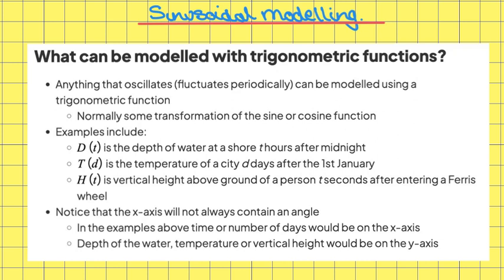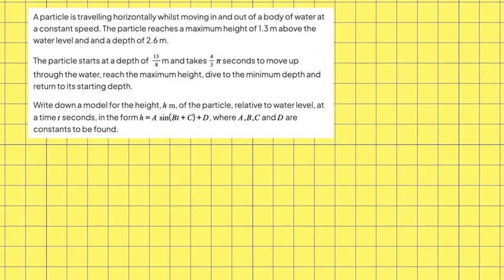Some things you need to notice are that the x-axis will not always contain an angle. In the above examples, time or number of days would be on the x-axis and depth of water, temperature or vertical height would be on the y-axis.